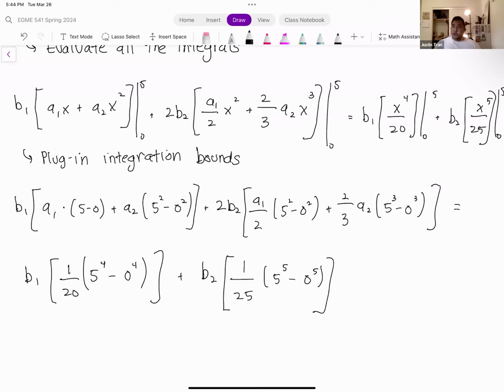Right, so when you have the integration bounds, you evaluate every term of x at the upper bound minus every term evaluated at the lower bound, which is 0.